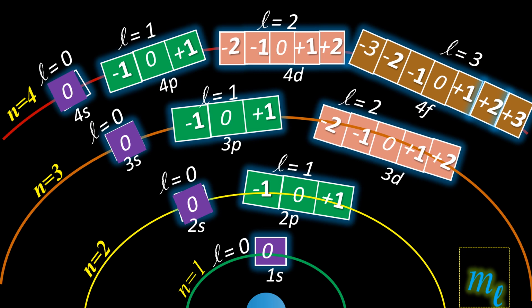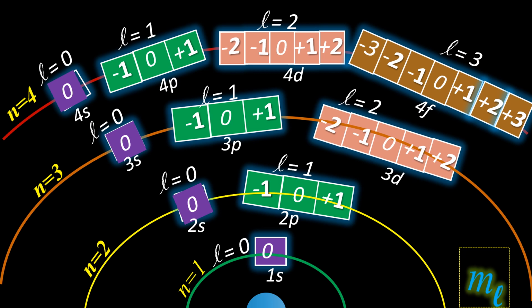Now coming over here to F, 4F. L value is 3, of course. So it is from -3 to +3. By observing this picture, all three quantum numbers are mentioned. What are those? The principal quantum numbers.